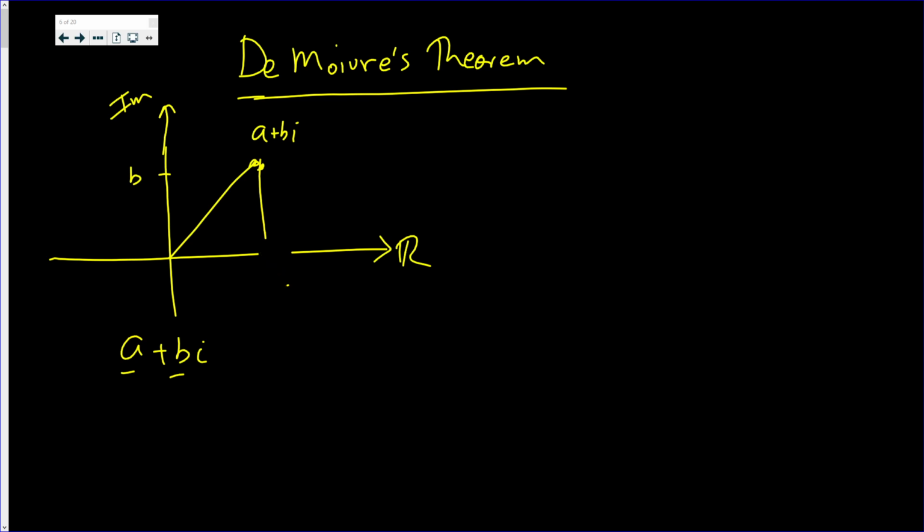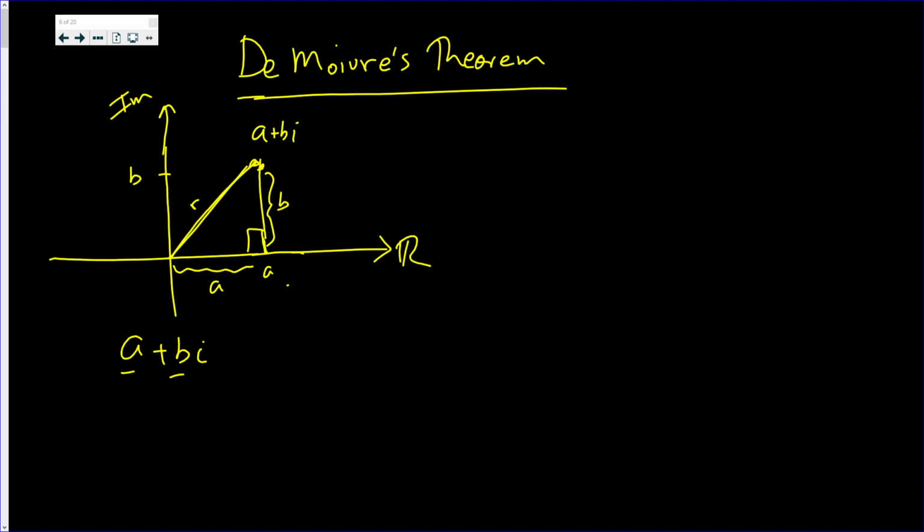So let's get this exact. That distance is a, and that distance is b. And we'll call this length r. And there is a right angle here.